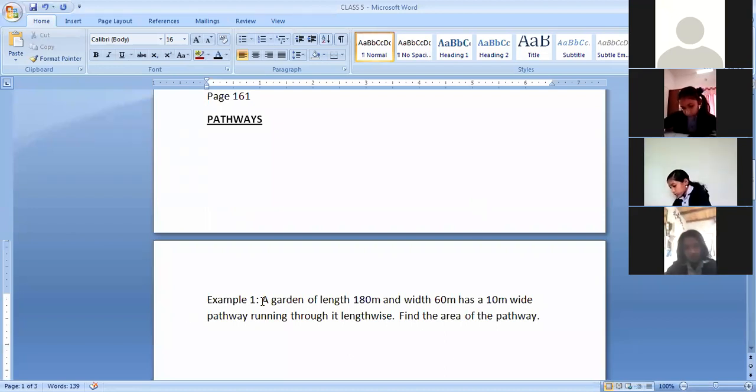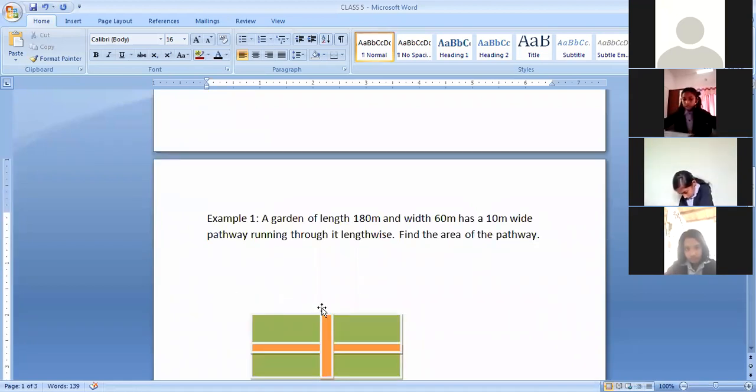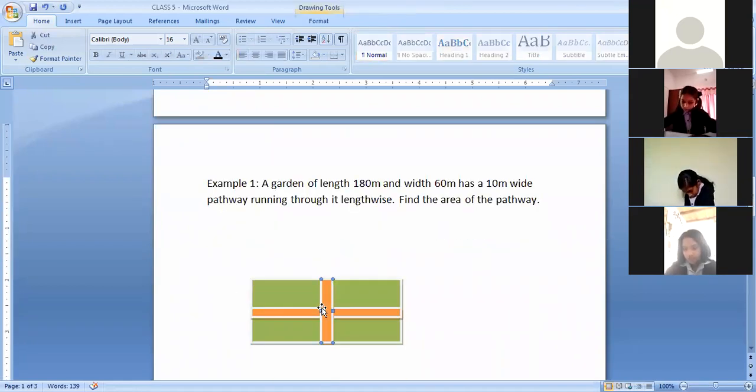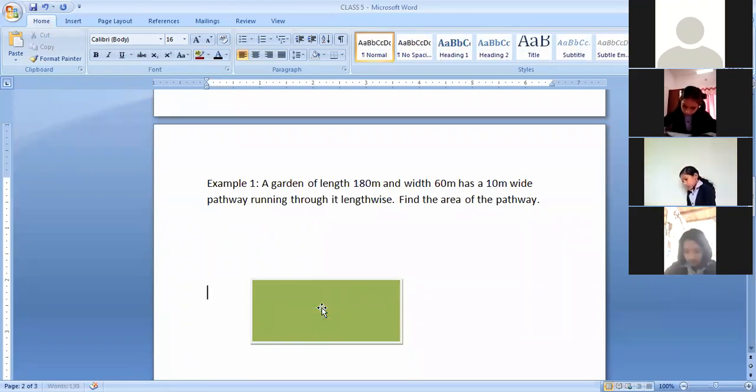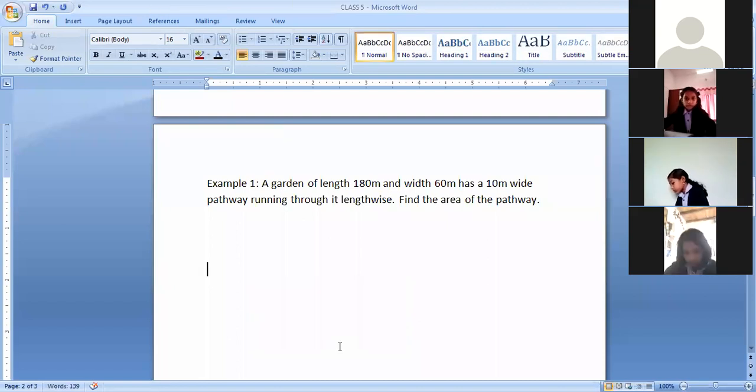Example 1. A garden of length 180 meter and width 60 meter has a 10 meter wide pathway running through its lengthwise.